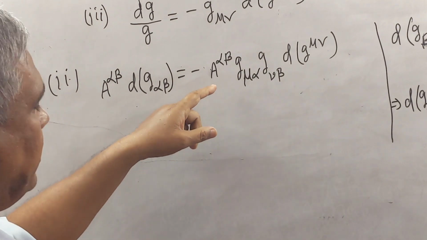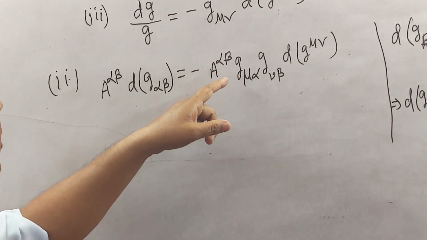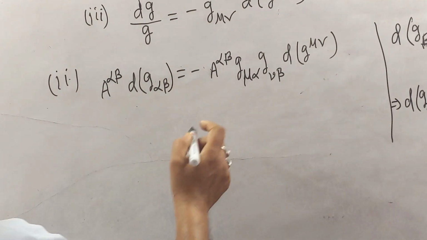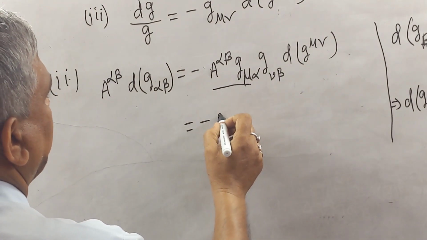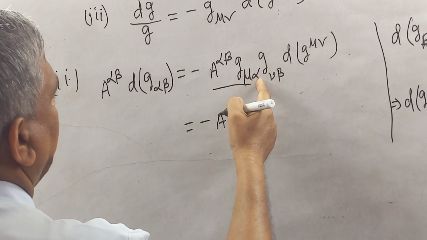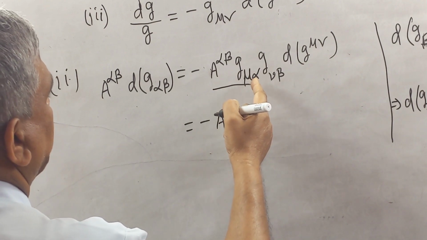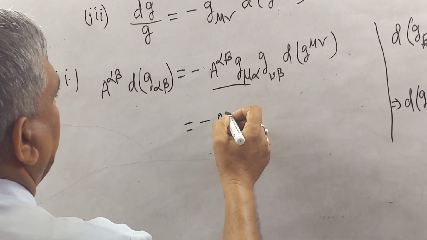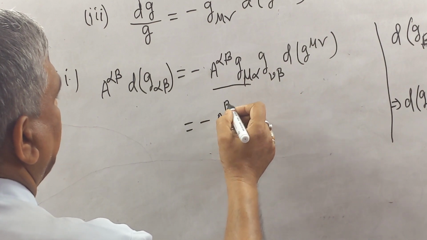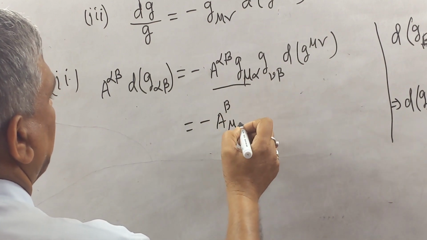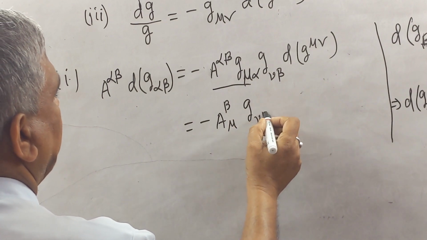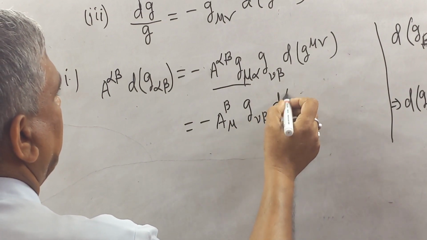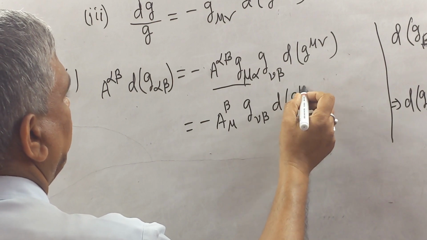As we have seen the associate tensor, so value of this will be minus a alpha cancel, so a remains beta and here mu g nu beta d g mu nu.